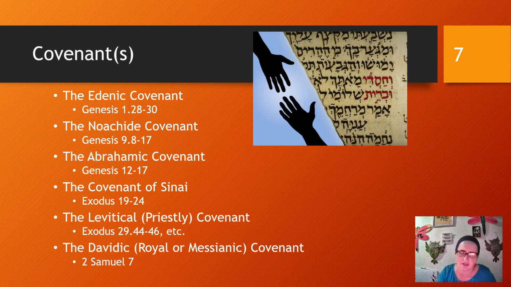Within these series of covenants, you have a series of laws and agreements, you have the terms of the covenant, and oftentimes you also have examples, events where the covenant was broken, and the punishments for breaking that covenant, and then the renewal of that covenant. So it's a cyclical narrative rather than simply a bland record of things that happened. It is a covenantal story, a covenantal narrative, a covenantal history, with scare quotes, I guess, if you want.